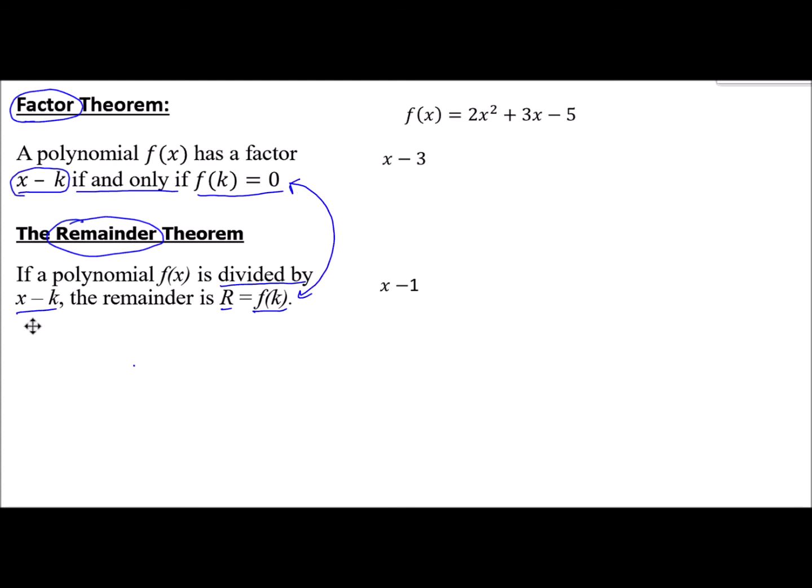So I'm going to join these two together. Now what it says is if you divide by x minus k and the remainder equals 0, then x minus k is a factor.